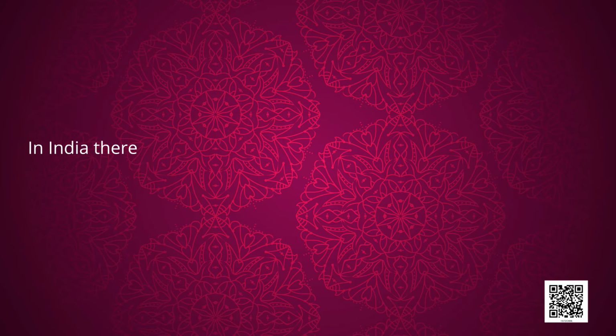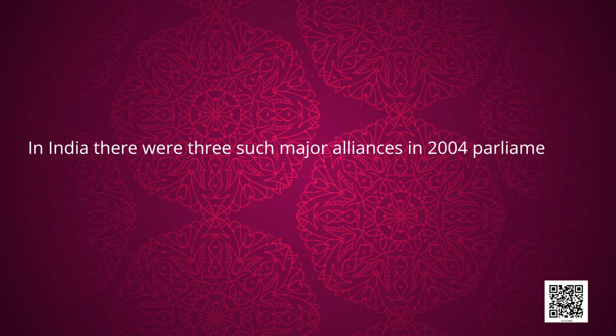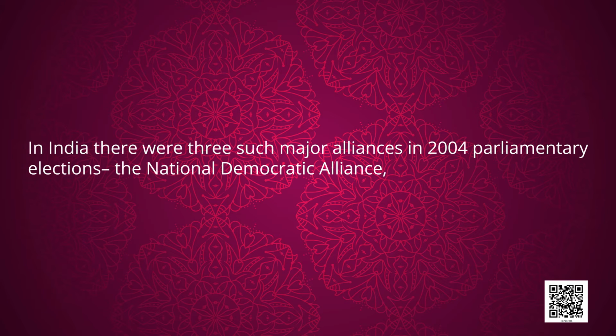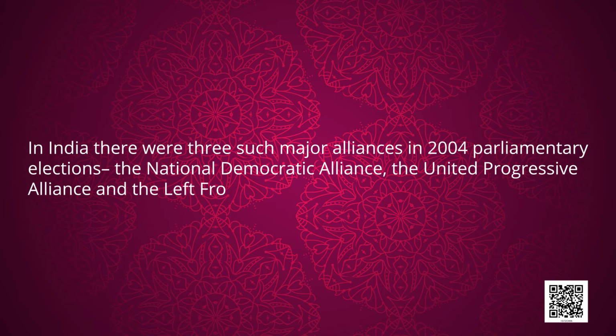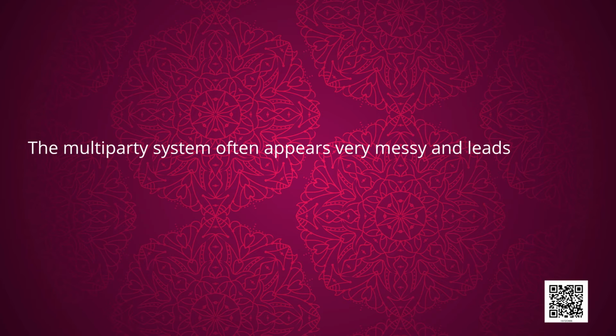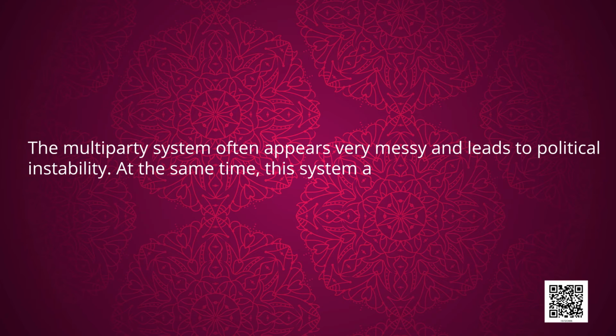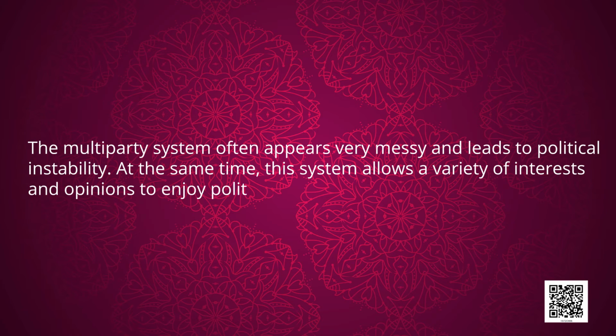For example, in India, there were three such major alliances in 2004 parliamentary elections: the National Democratic Alliance, the United Progressive Alliance, and the Left Front. The multi-party system often appears very messy and leads to political instability. At the same time, this system allows a variety of interests and opinions to enjoy political representation.